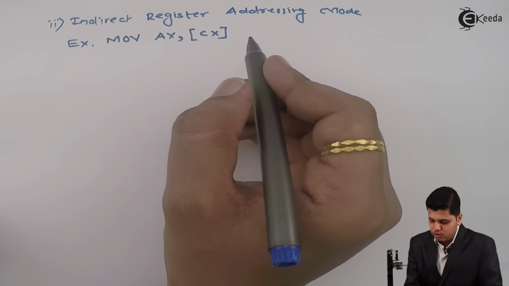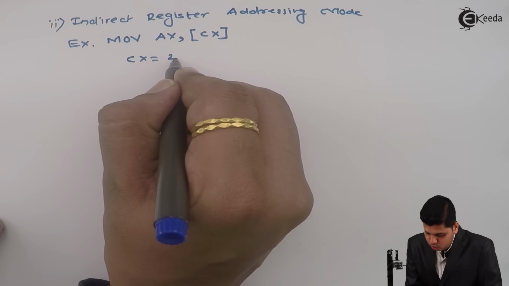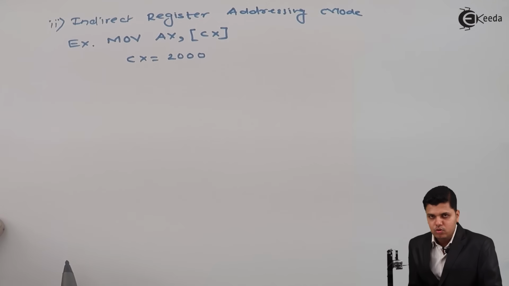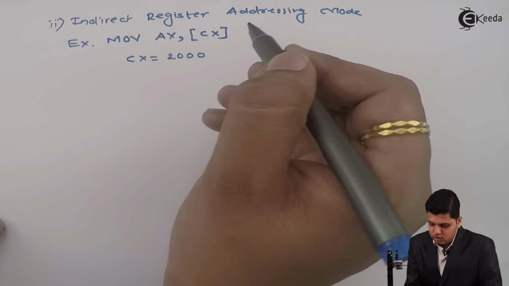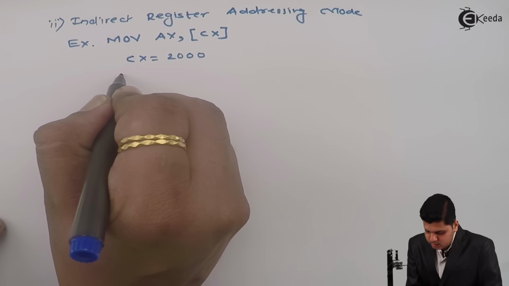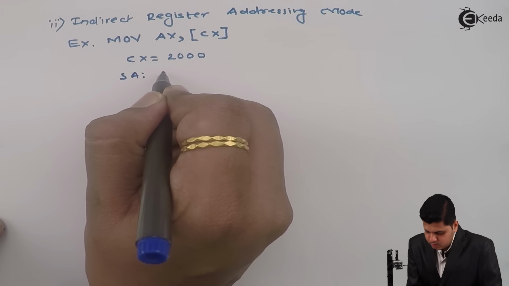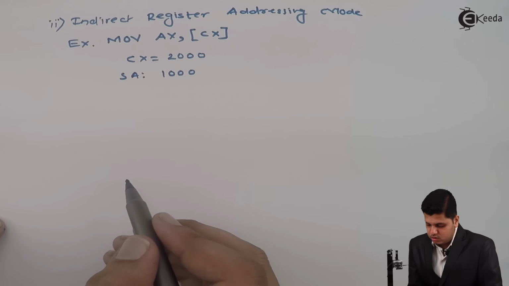In this case, if the contents of CX are 2000, that is the address being specified in the instruction. For example, I'll take the segment address as 1000, and CX carries 2000H.